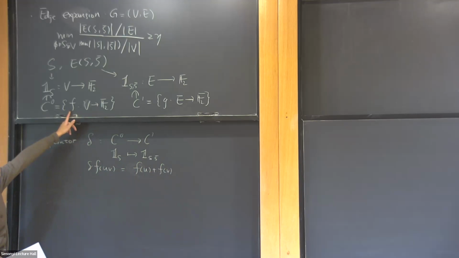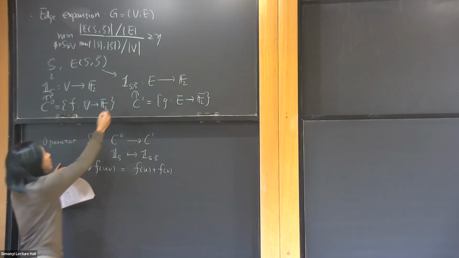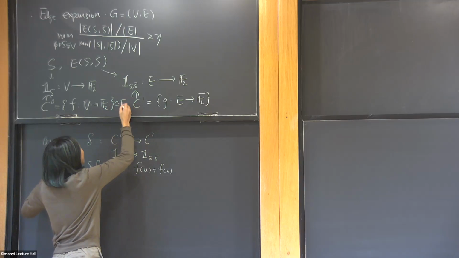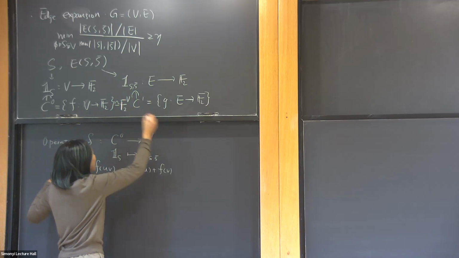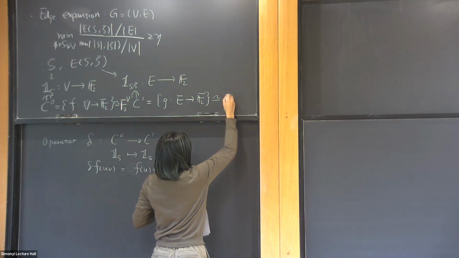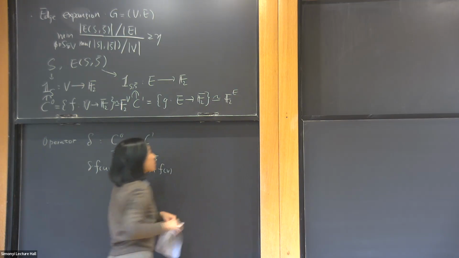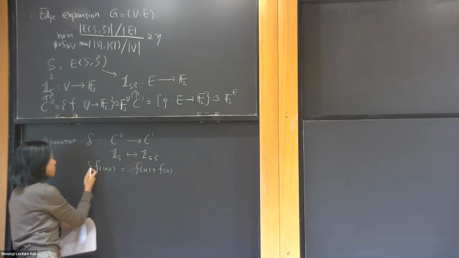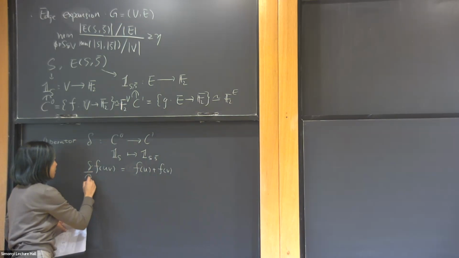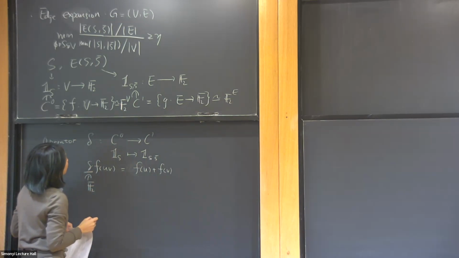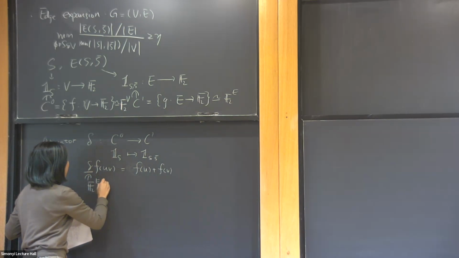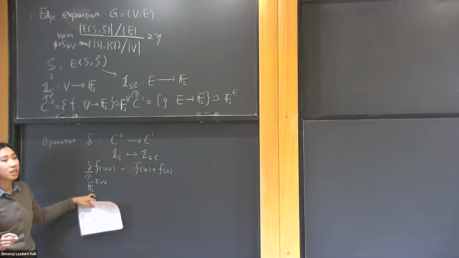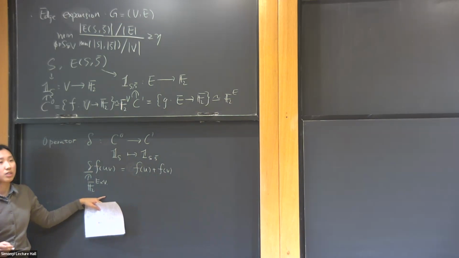One can equivalently think about these functions as vectors in F2 to the V and vectors in F2 to the E. We're all thinking of finite dimensional things. Because of this identification, we can also view delta as an element of F2 to the E cross V, and it exactly encodes the incidence matrix between the vertices and the edges in the graph.